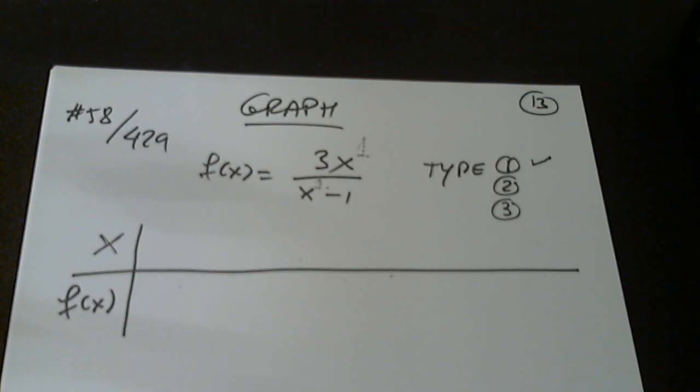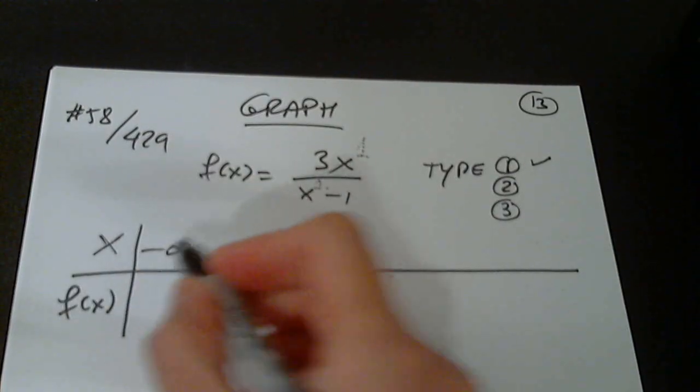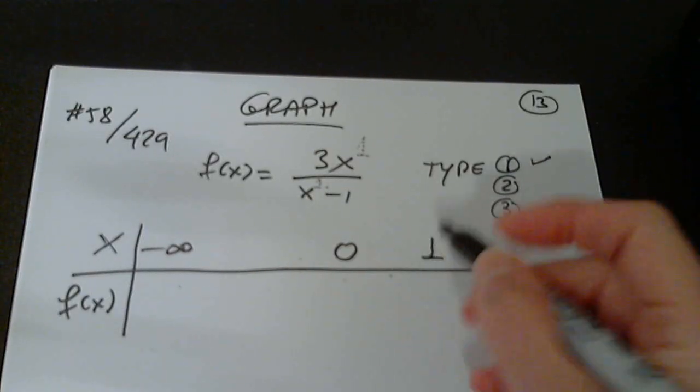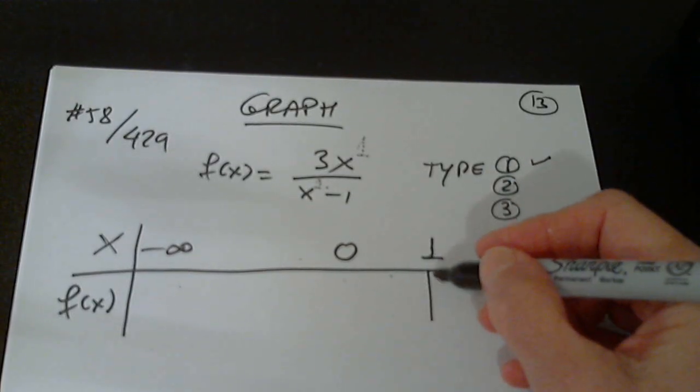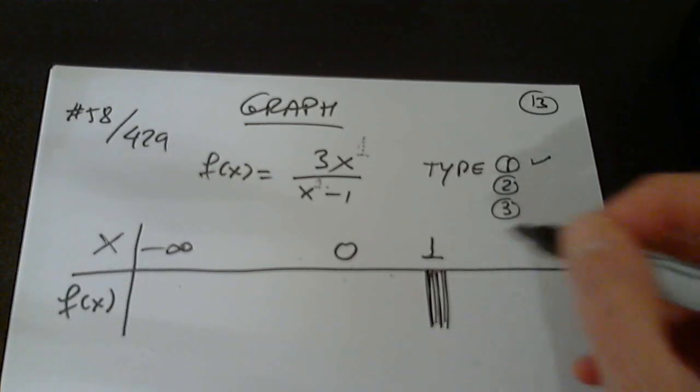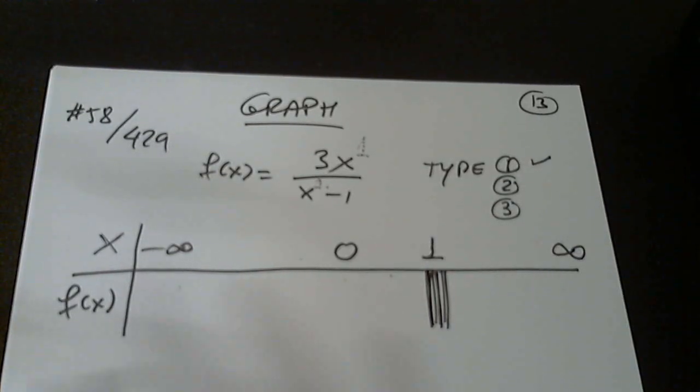Do we all agree that x cannot be 1 in this function? Yes. Okay. So negative infinity, 0 has to be in the table, 1, and under 1, I have nothing to write. I don't have to write the domain separately. It's very clear from the table. Anything but 1.